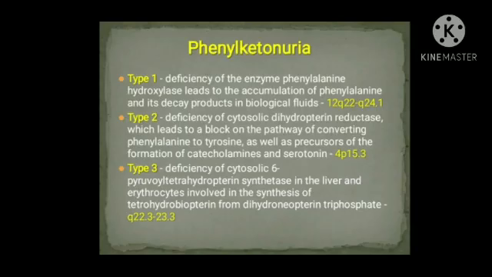And you can see the position in chromosomes and localization on long or short arms. Disease type number 2 is deficiency of cytosolic dehydropterin reductase, with a defect in position 4p15.3.